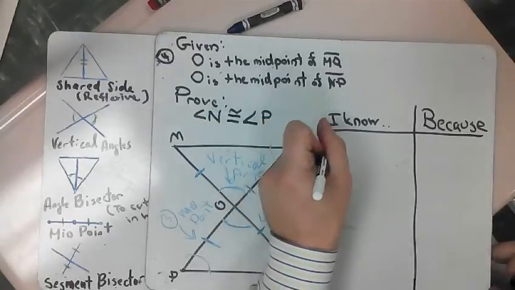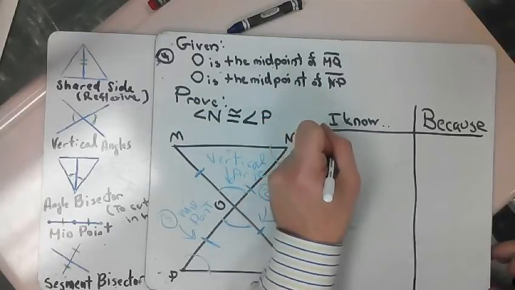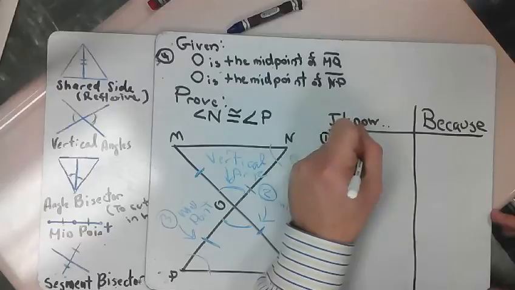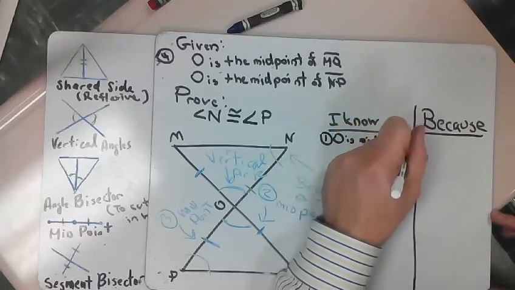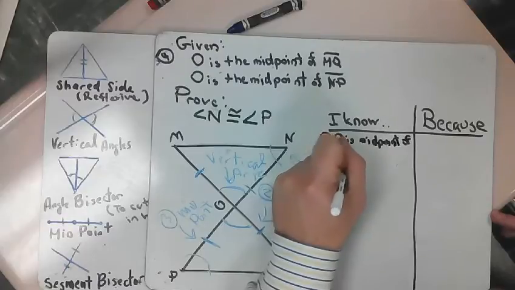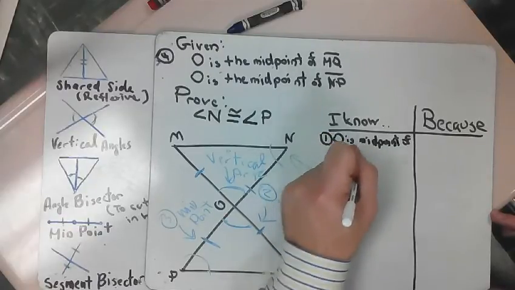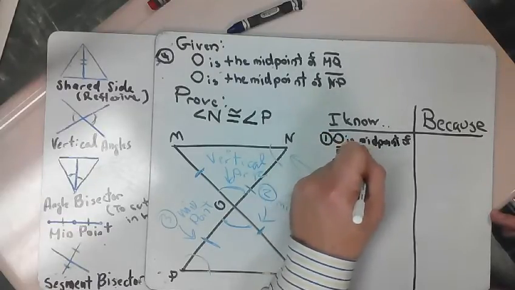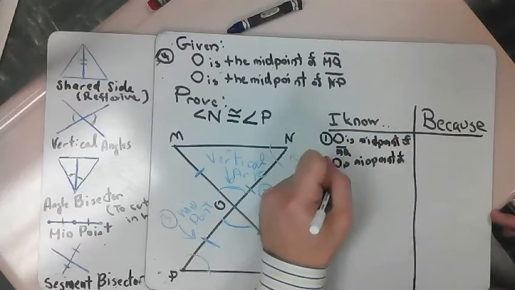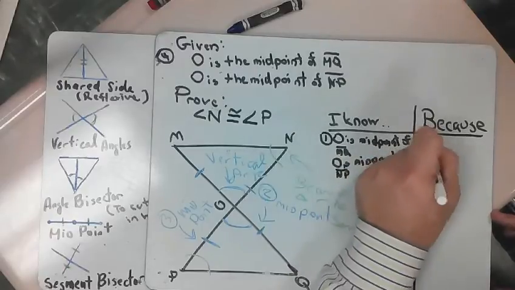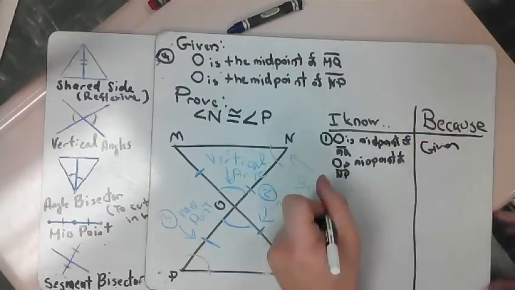First I have to write the given. So 1, O is midpoint of MQ. And O is midpoint of NP. That's given.